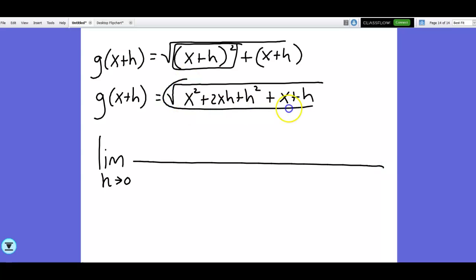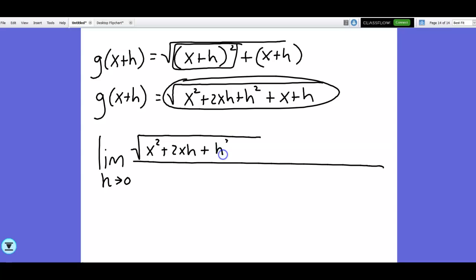I'm going to put this entire thing first because that's my g of x plus h. And then I'm going to put the original function here, all over h. And then I would need to rationalize.